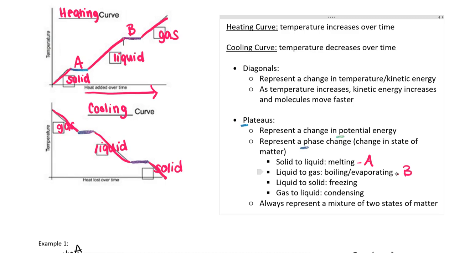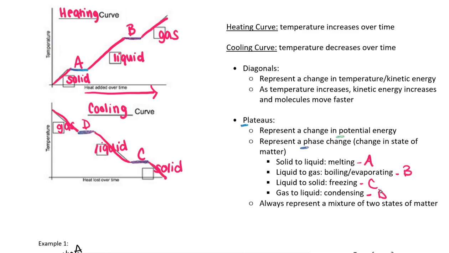Our cooling phase changes: if a liquid cools into a solid, we call that freezing. So that plateau between a liquid and solid is going to be freezing. And if a gas is cooling into a liquid, we call that condensation or condensing. So that segment D would be condensing.